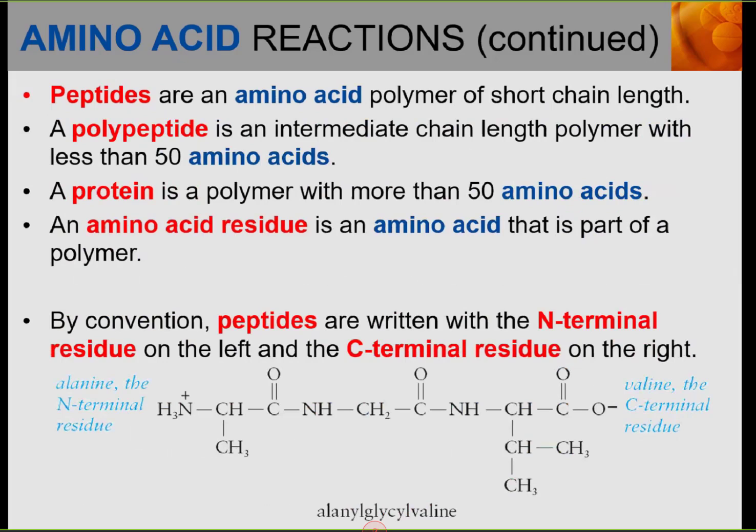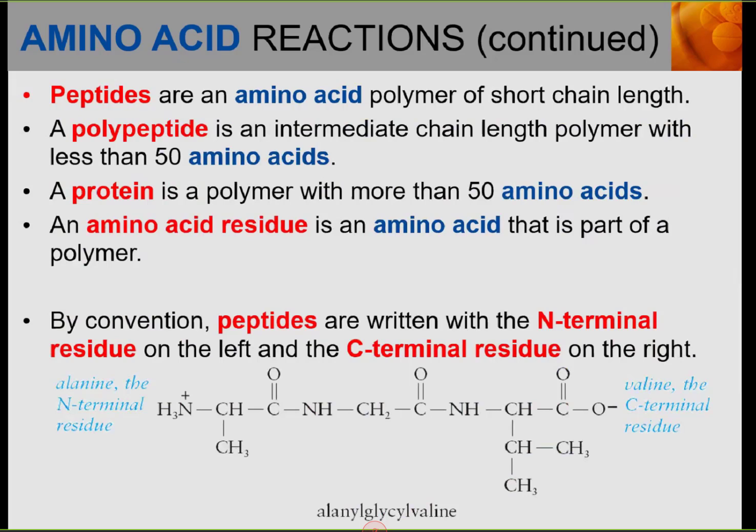So peptides are larger than amino acids, but they're a combination, as you just saw, of amino acids. If you combine more than two amino acids, you get a peptide. If you combine, say, like 50 amino acids in a polymer chain, then you make a polypeptide.